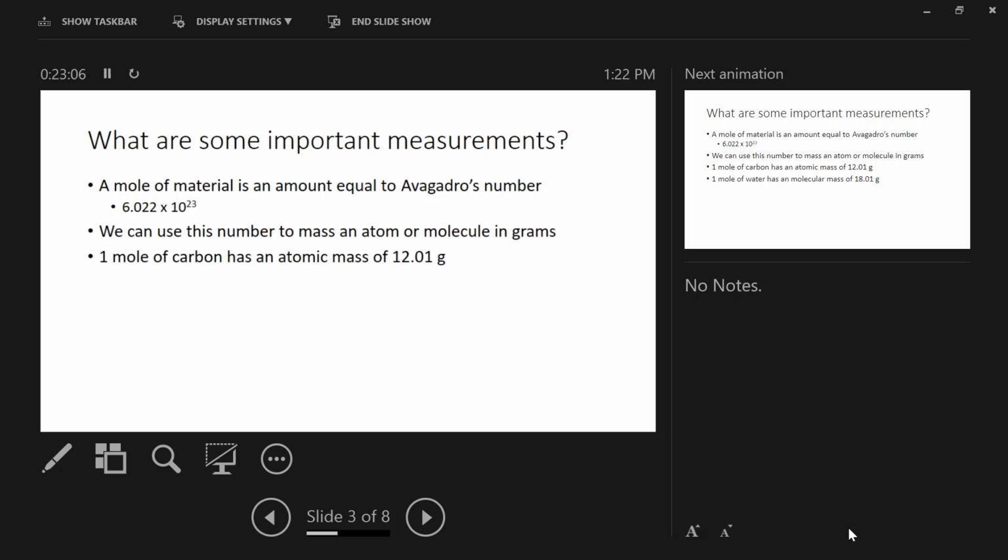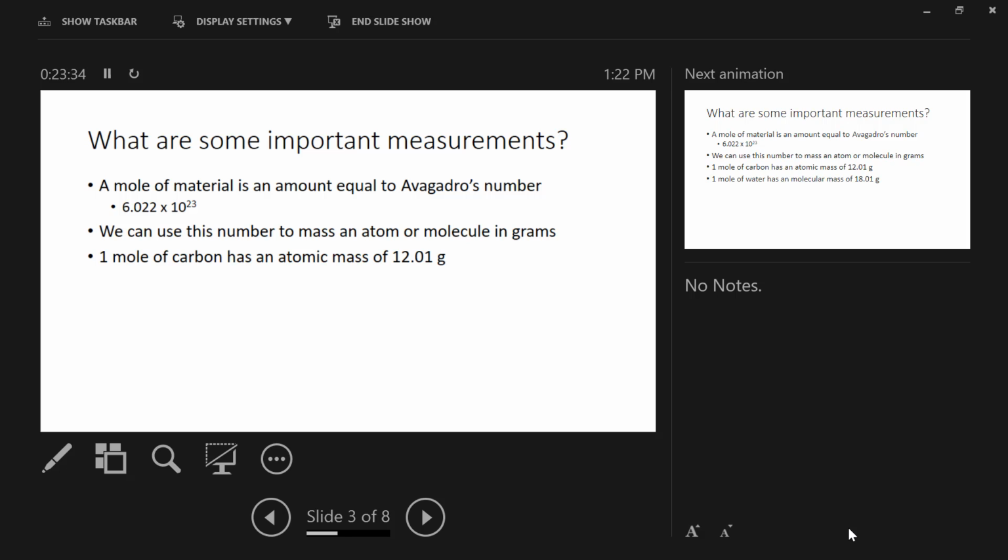So specifically, we got this number from carbon, although you can apply it to any element on the periodic table, which you have a periodic table in your book. 1 mole of carbon has an atomic mass of 12.01 grams. So if you take 6.02 times 10 to the 23rd carbon atoms, you get 12.01 grams worth of carbon.